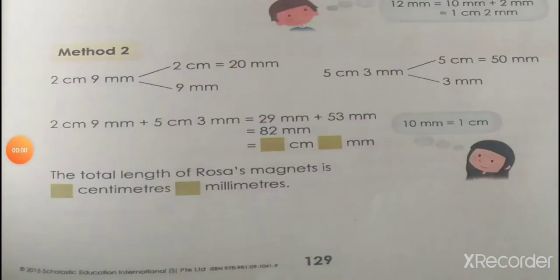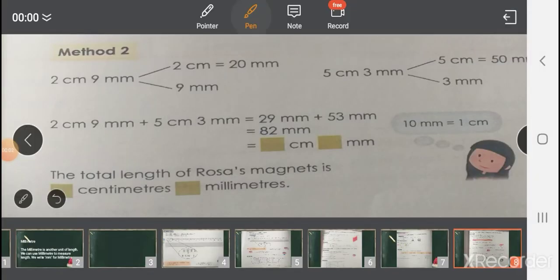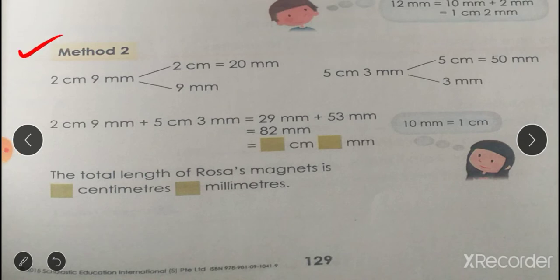For adding and subtracting we have 2 methods. So we are going to apply the second method. We have 2 centimeters and 9 millimeters, and the next magnet length was 5 centimeters 3 millimeters. The first thing we have to do is convert centimeters into millimeters.